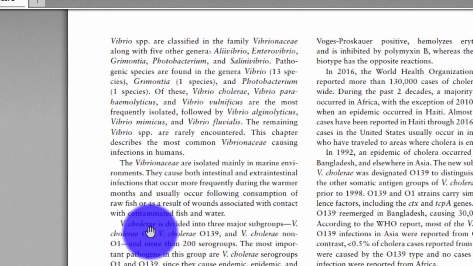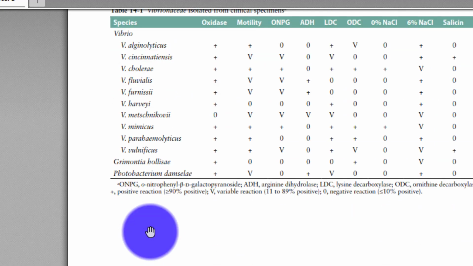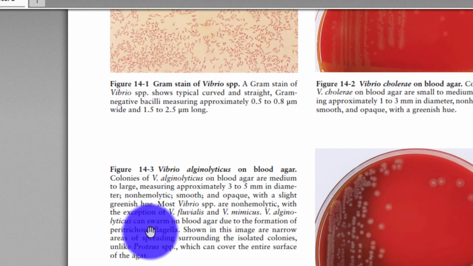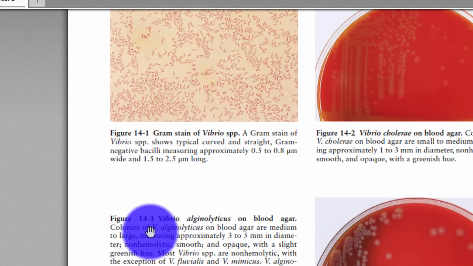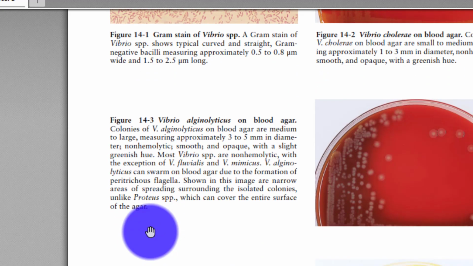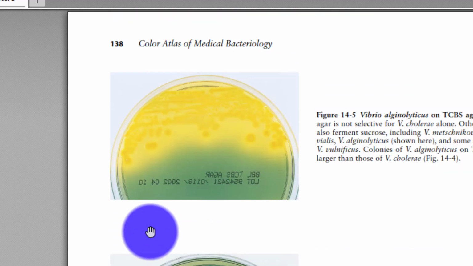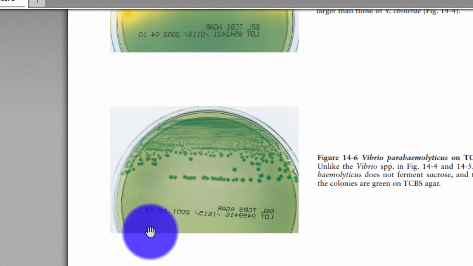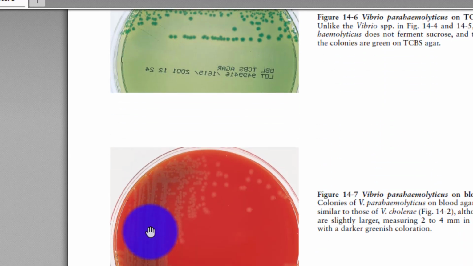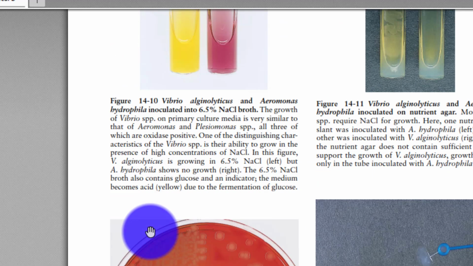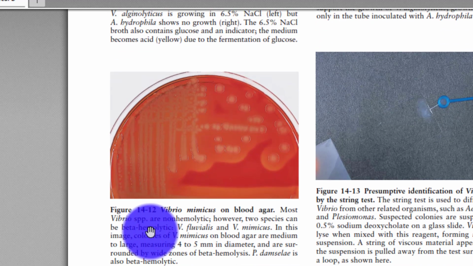Vibrionaceae: Vibrio cholerae on blood agar, gram stain of Vibrio species, Vibrio on blood agar, Vibrio on TCBS, Vibrio parahaemolyticus, Vibrio mimicus.